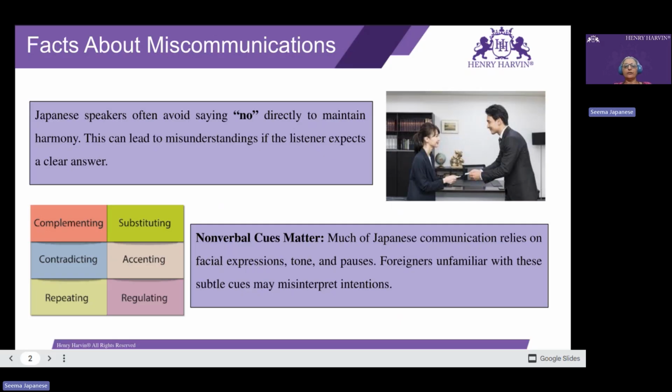Foreigners unfamiliar with these subtle cues may misinterpret intentions. Yes, because nothing is being spoken. So, this is a very critical and very sensitive issue: the person is not speaking anything, but as per the facial expression, the tone and the pauses, we need to understand what the speaker is trying to communicate.